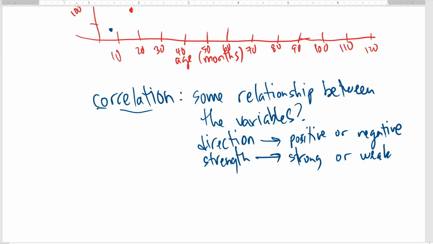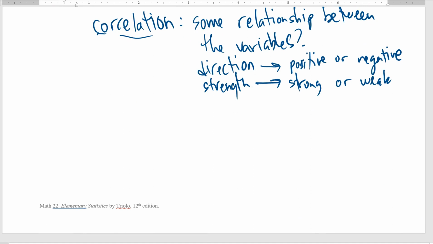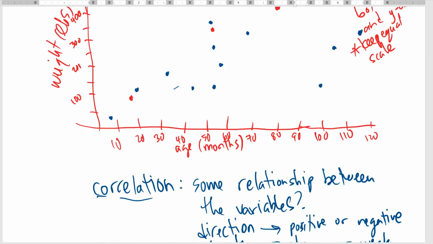I argued that this was overall positive because most of the points are kind of going upward. We have kind of a positive slope. But look how the data kind of spreads out as we keep going, gets kind of worse as we go. That would make it a weak relationship. If the points were more clustered, we would call that strong. So what does this look like? Well, we can have kind of 4 different ones that we'll have. Let me see if I can add a page to this.